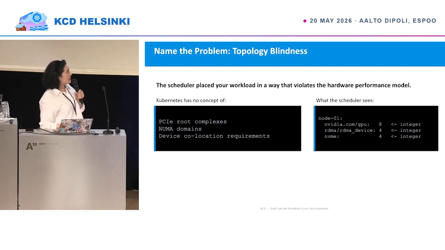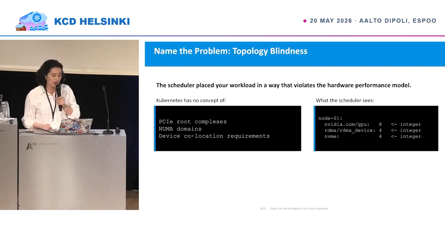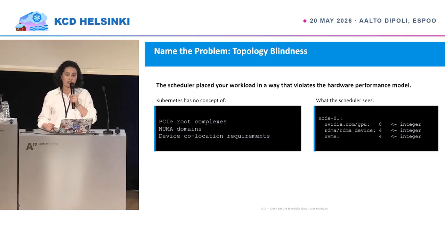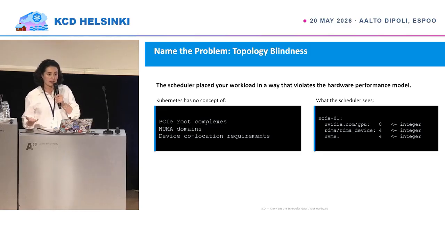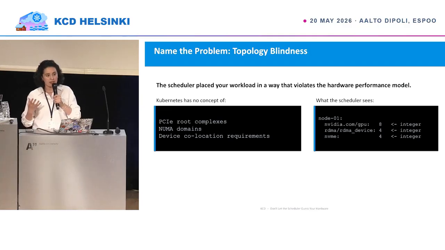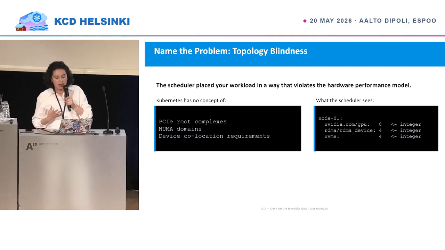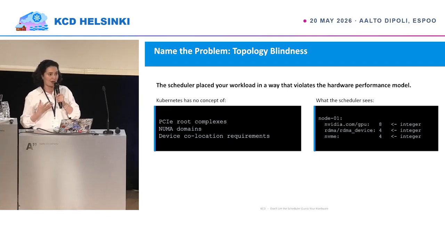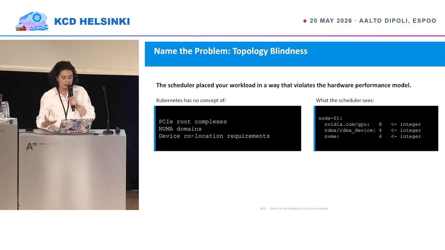The result is workloads are running perfectly from Kubernetes' point of view, but perform poorly. So the performance here is determined at the pod bind time, not when the workload is running, but when the scheduler itself made the placement decision. And no fix after this can recover a bad placement.